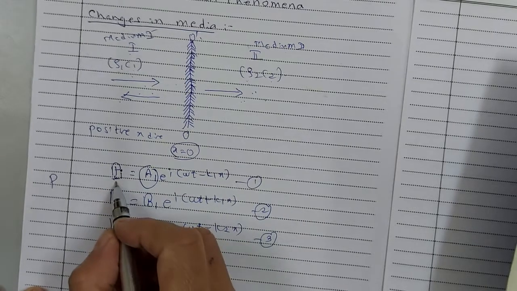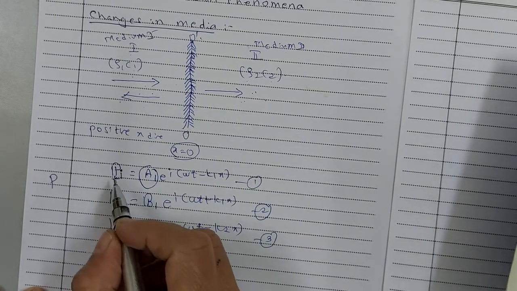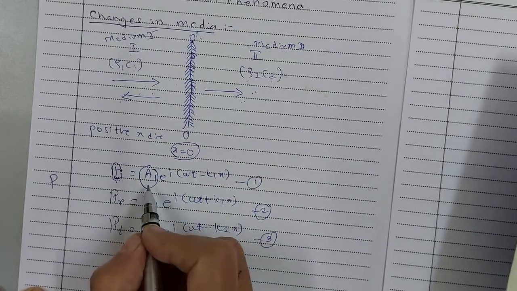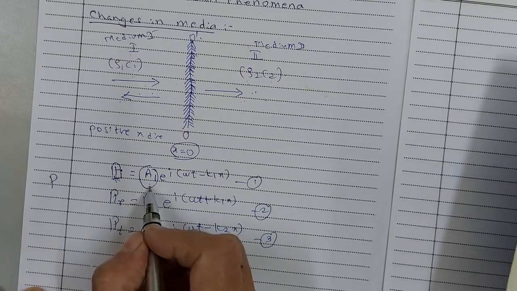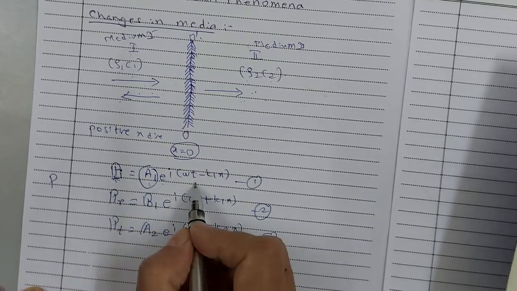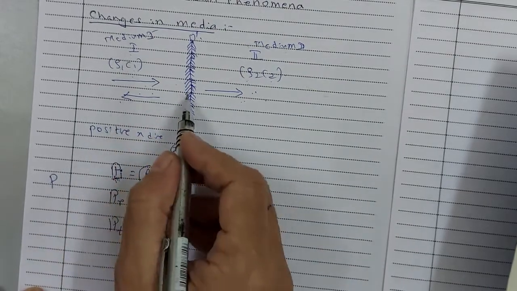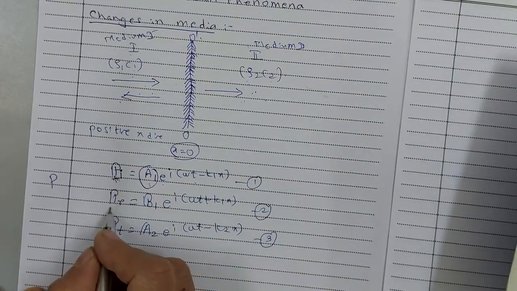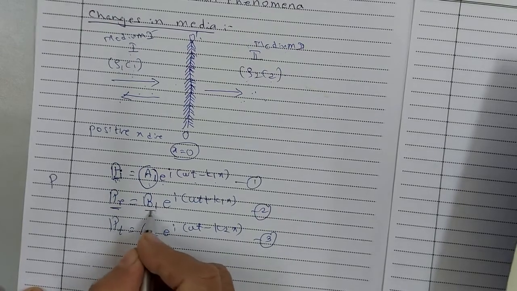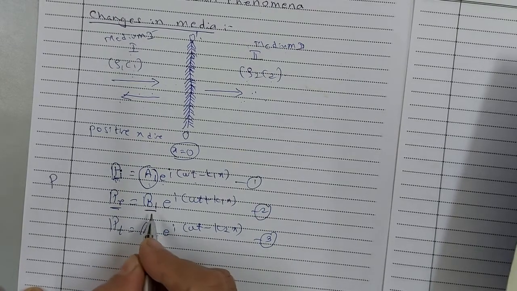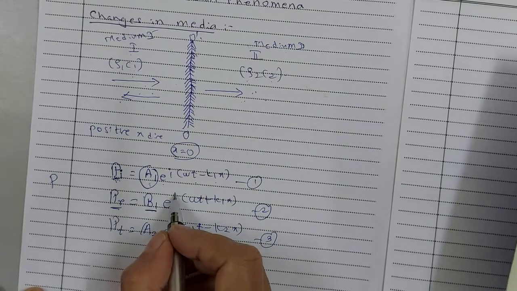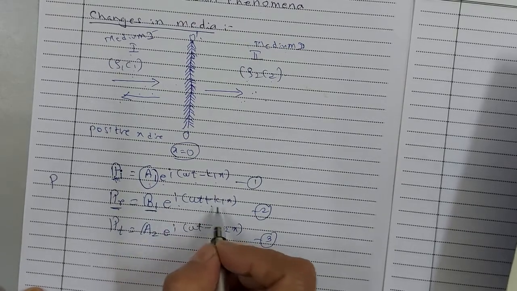So in this case, my pressure for the incident wave is complex, but the amplitude is real, e to the power i(omega t minus k1x). But when it gets reflected back because of hitting the boundary, I wrote complex pressure equal to complex amplitude, which is complex, and e to the power i(omega t plus k1x).